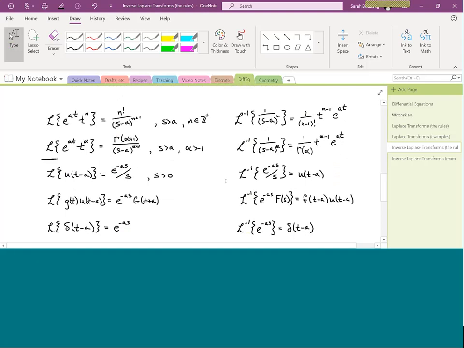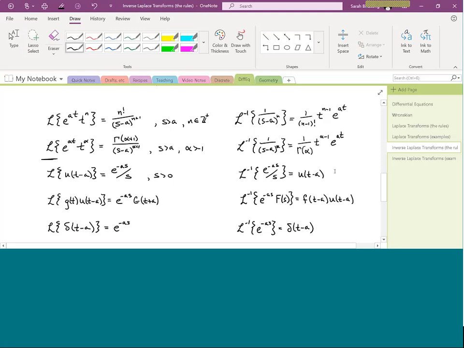Which means if we start looking over here at our inverse Laplace transforms, notice there's no shifting, there's no multiplying or dividing by a special constant. If you see e raised to the negative as over s, that's just going to turn into your step function. If you see e raised to the negative as multiplied by some other Laplace transform, well, you figure out what the inverse Laplace transform of that function is and replace the t with a t minus a, multiplied by your step function.